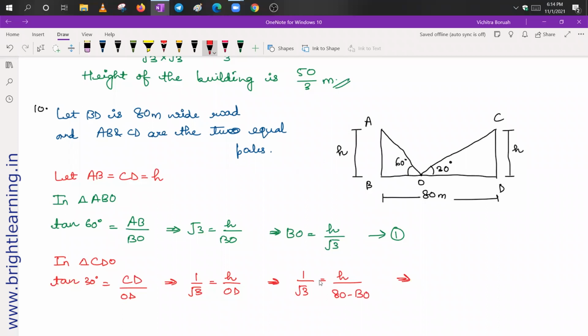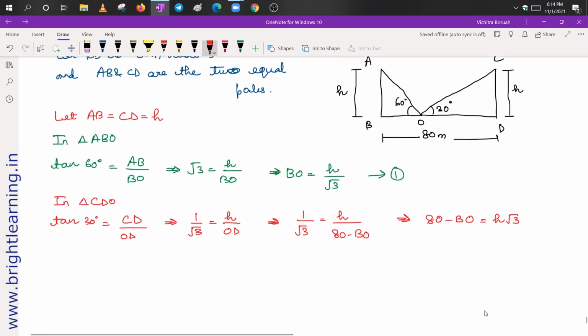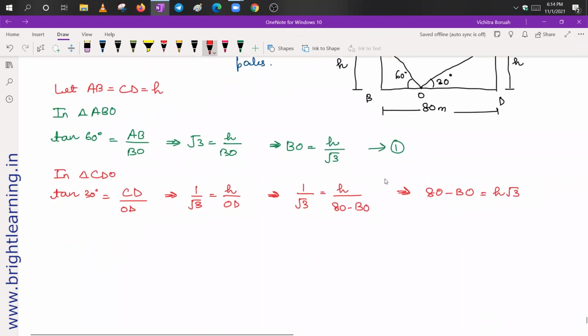Next, if we cross multiply, we will get 80 minus BO is equal to H root 3. Now the next step, in place of BO, I can write H upon root 3. So again here I can write that 80 minus H upon root 3 is equal to H root 3.